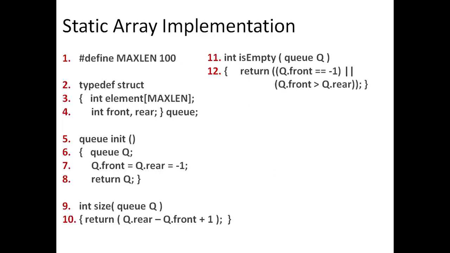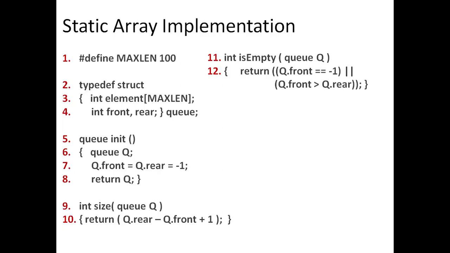The function isEmpty will check for the underflow condition, that is, it will check for front equals minus 1 or front greater than the rear pointer. If either of the two conditions is true, then the queue is underflowing and the function will return true.